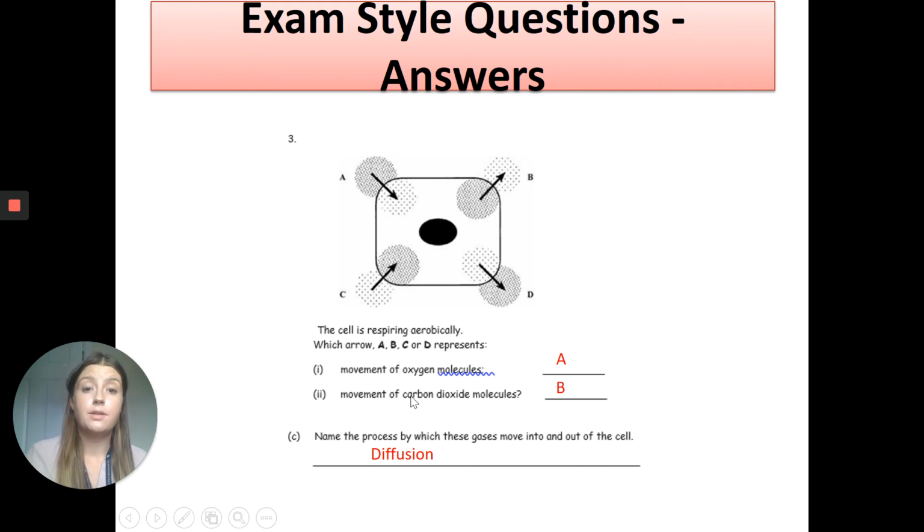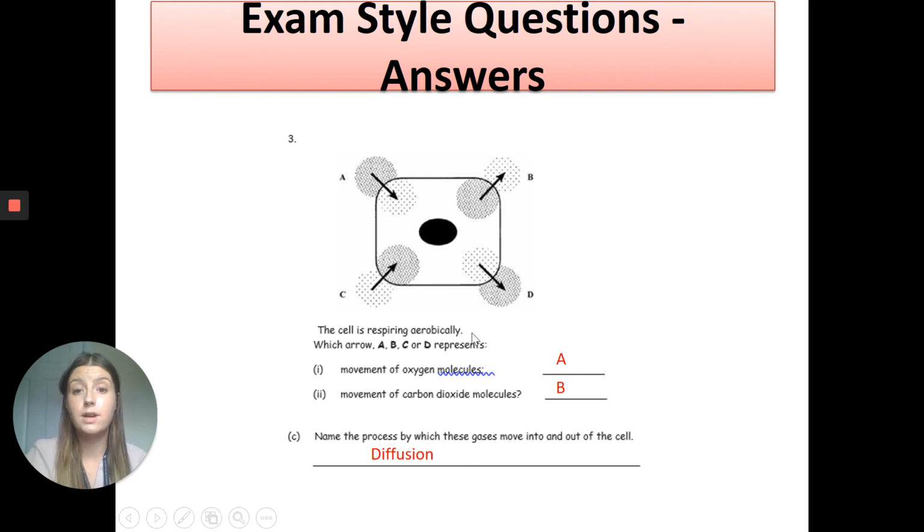Then we've got the movement of carbon dioxide molecules. Again, we can totally exclude these 2 because that's the movement in. We know that carbon dioxide is produced, so therefore it needs to leave the cell. If we have a look, we've got high concentration to low and low concentration to high, so we notice that one is high to low. That question is quite a challenging one. You have to be really sure about all of those steps.